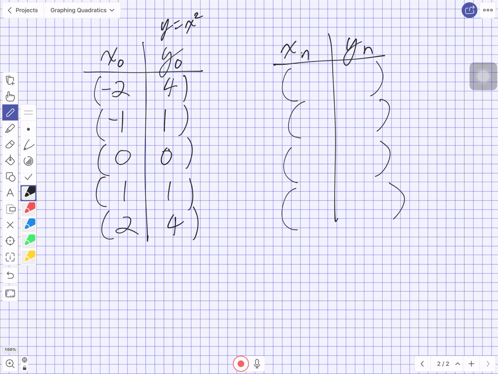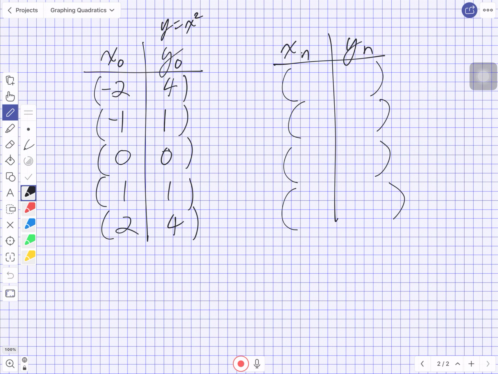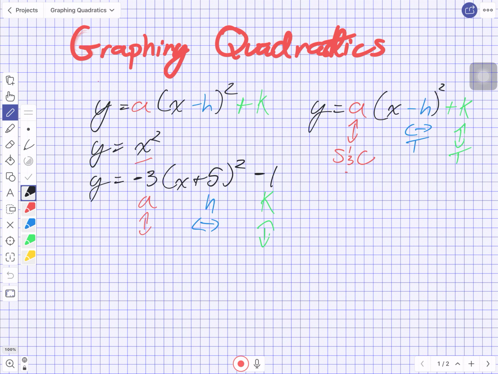So we look back to the other page, we had -5. Great. So the new x value is equal to the old x value -5. That's one formula. And the new y value is equal to -3 times the old y value, what do we say? -1.